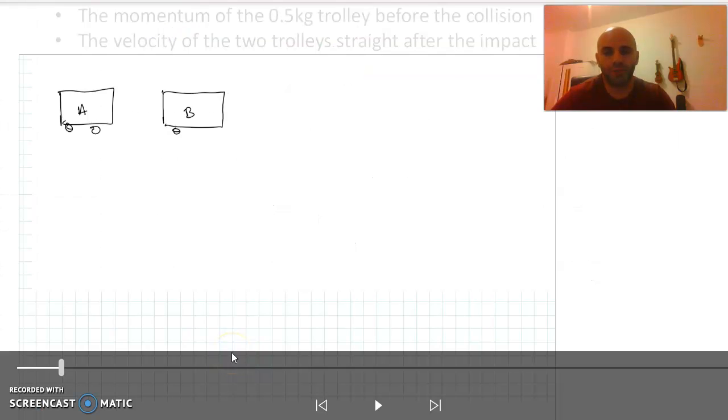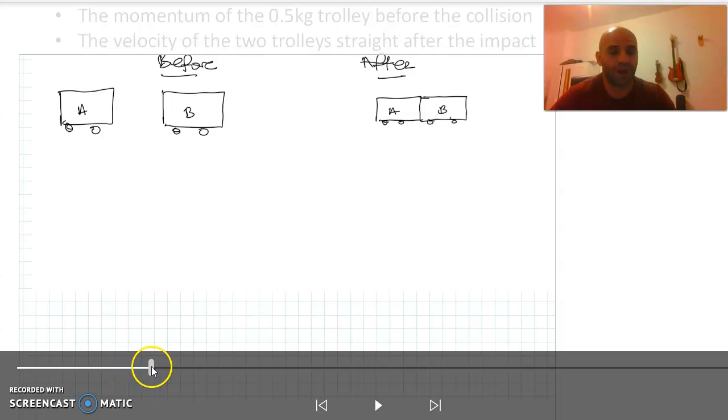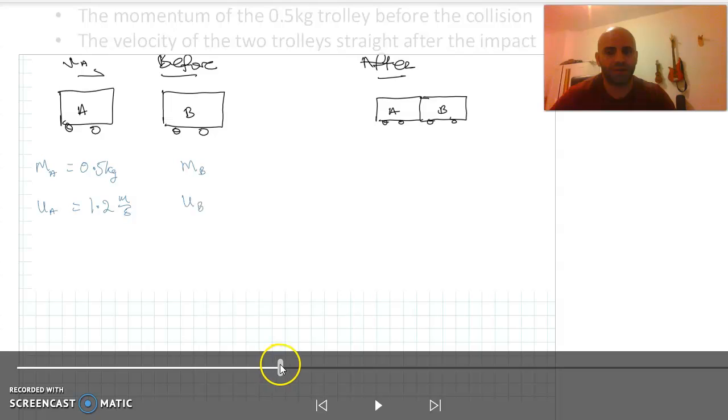Okay, then we'll go ahead and do the next part. For part B, they want the velocity of the two trolleys, the two trolley system it might be called, or the two trolleys that are stuck together directly after the impact. So again, I will draw a before and after picture. This time I've put trolley A back into the picture because I know it's going to be part of the system. The initial velocity of A, the mass of A, and the initial velocity of B and the mass of B. Those are all known quantities.